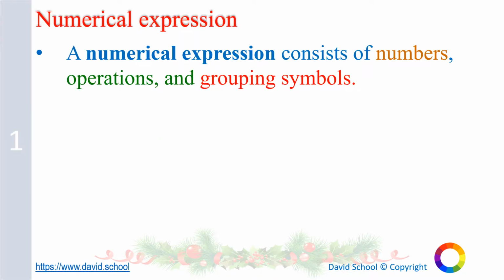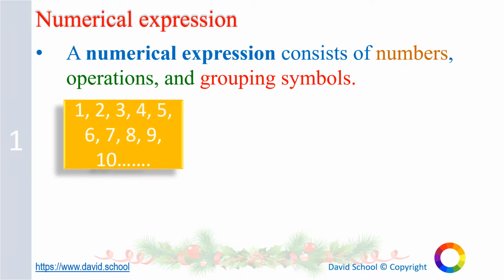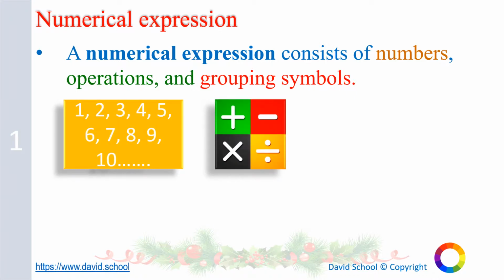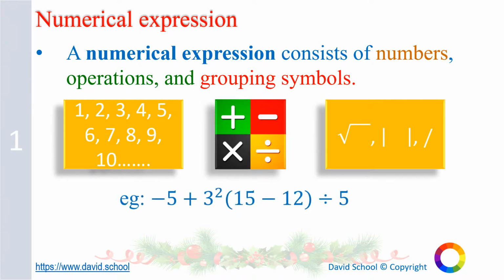A numerical expression consists of numbers, operations, and grouping symbols. For example, -5 plus 3 squared times 15 minus 12 divided by 5. This is a numerical expression because there are no variables involved in this expression.